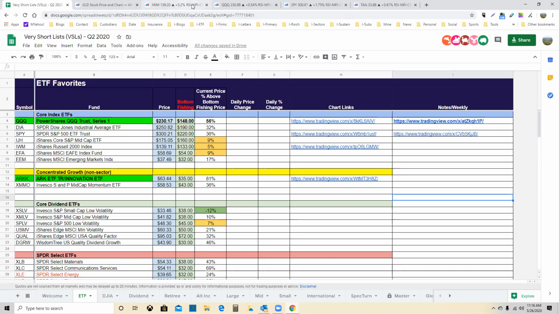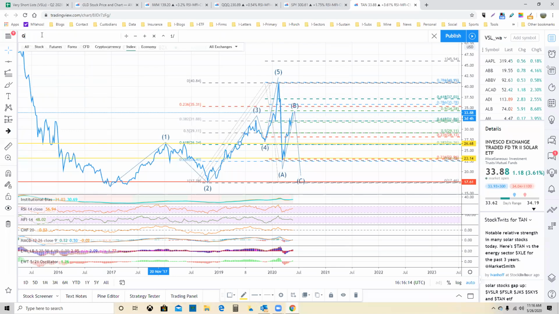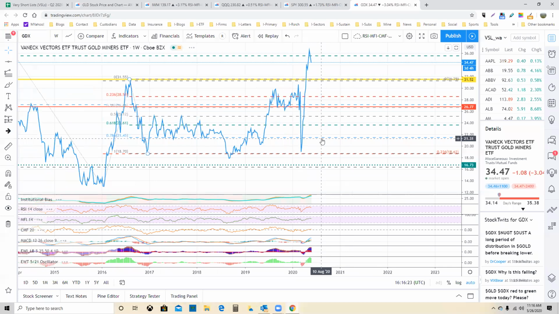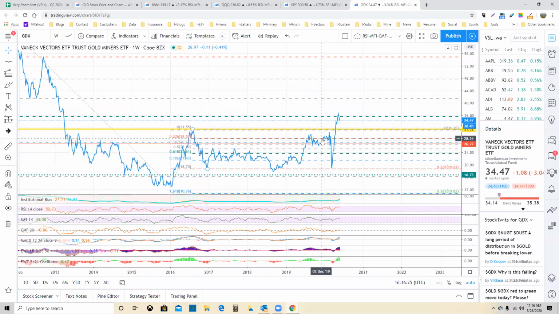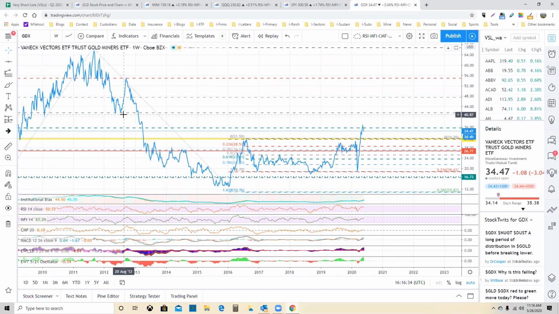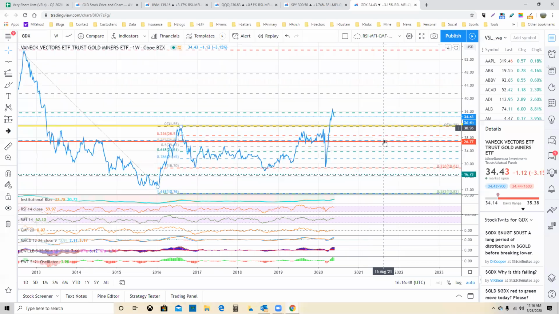All right. You know, let's take a look at GDX real quick. Man, really broke through there good.